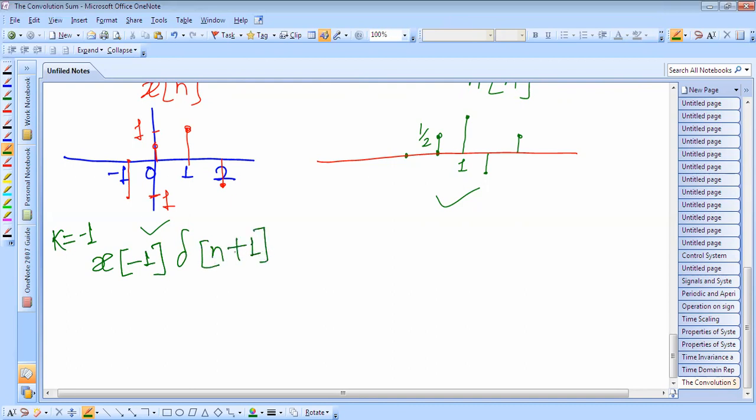Delta of n minus k, but here the k value is -1, so minus minus becomes plus. So we have to consider this x of -1. From this input, we can write x of -1 into delta of n plus 1.